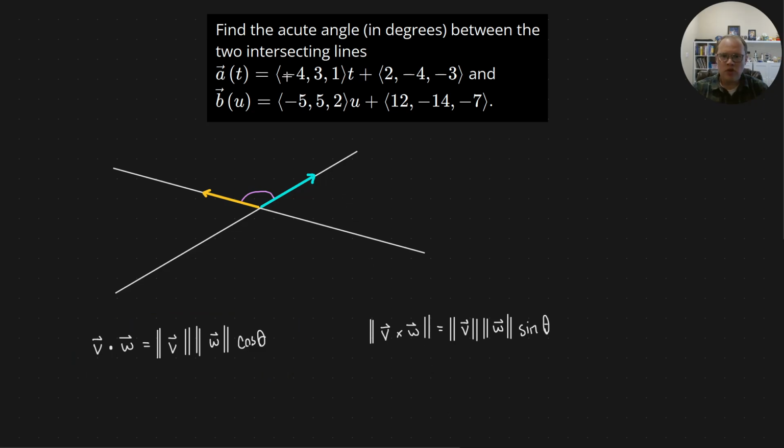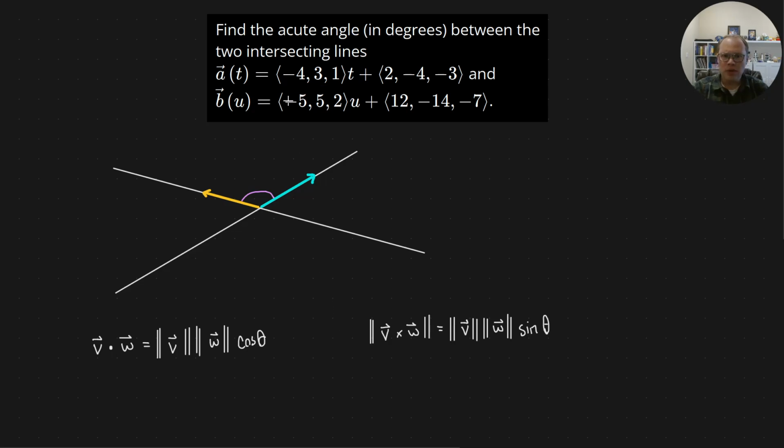All right, so I'm going to do this with the two direction vectors right here. Notice I'm not going to use these guys at all. I don't care about the positions of the lines at all. All I care is what direction they are going in. Since I already know they're intersecting, the problem tells me that, I don't have to test it, and I can assume they're intersecting, and I just have to worry about the directions the lines are in.